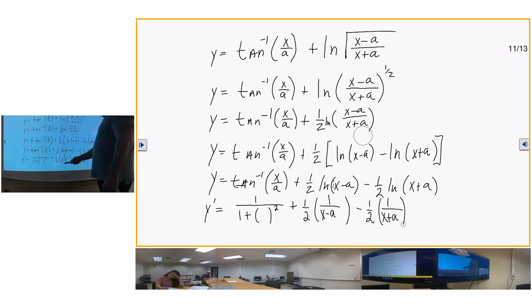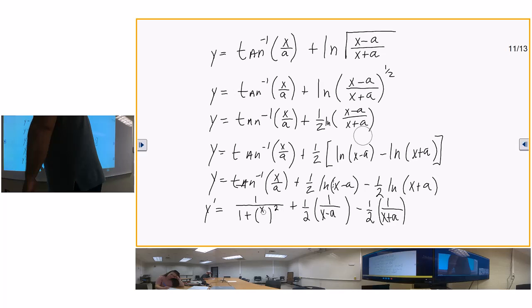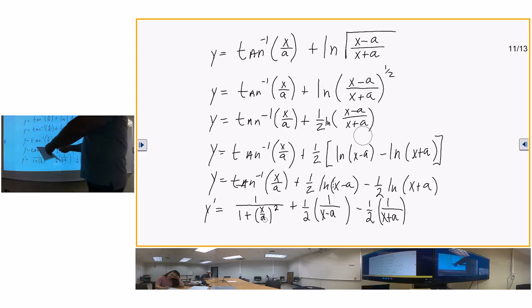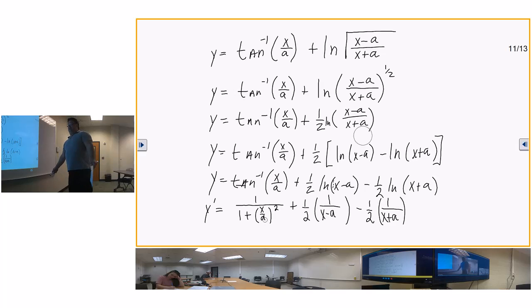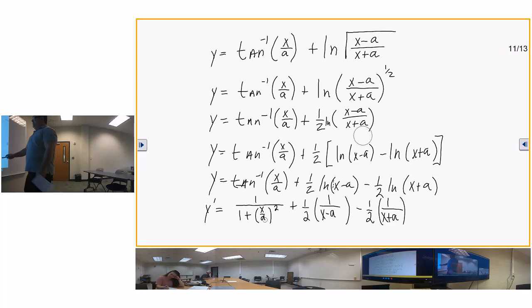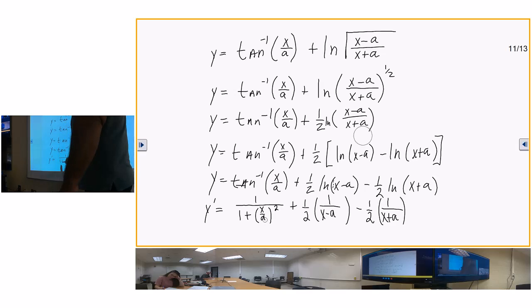And what goes in this spot? x over a. And now you can finish it up, but there's really nothing left because the next step I got it boxed in. That's pretty much it. You could get x squared over a squared right here and make this a squared over a squared, and you can simplify it right there, but that's it.